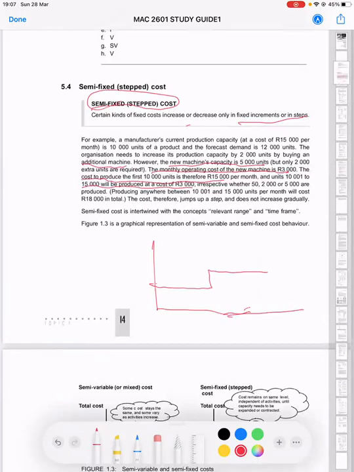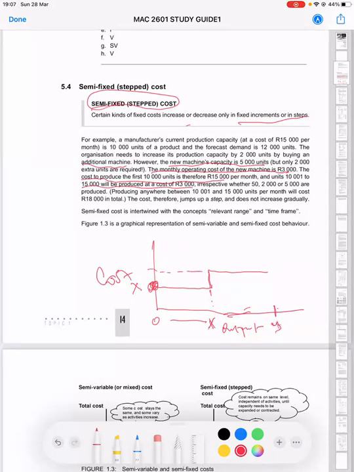Now, if this is the cost curve, this is our output and this is our cost. Our cost is going to remain fixed at that X amount if we are going to produce between 0 and that number of units. If our output increases beyond the X units, our fixed costs are going to increase a bit to that level.